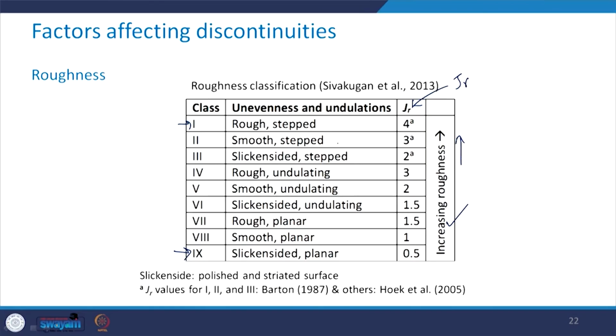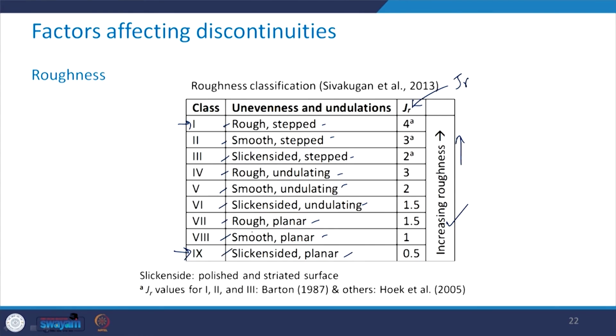The first three are all stepped, but the small scale unevenness varies: rough, smooth, slickensided. Similarly, the next three are for undulating large scale roughness, again rough, smooth and slickensided, and similarly for planar you have rough, smooth and slickensided.